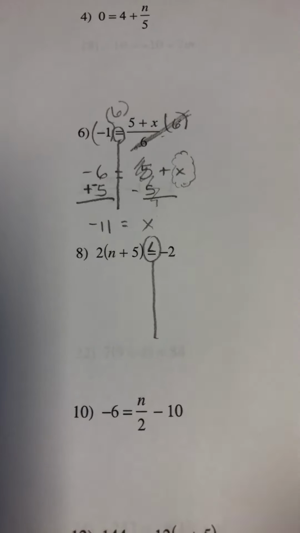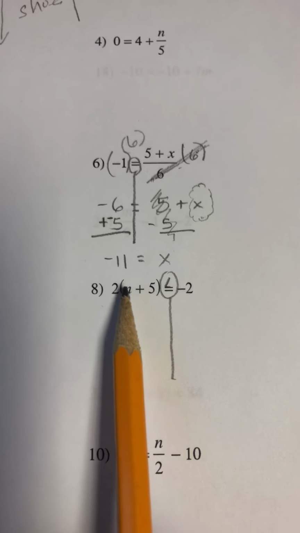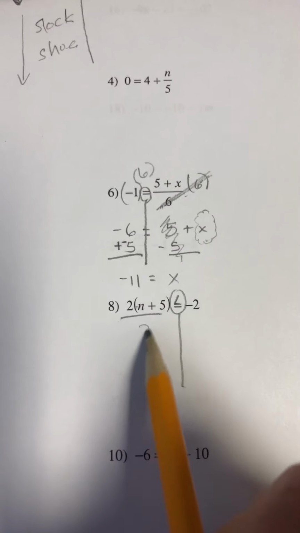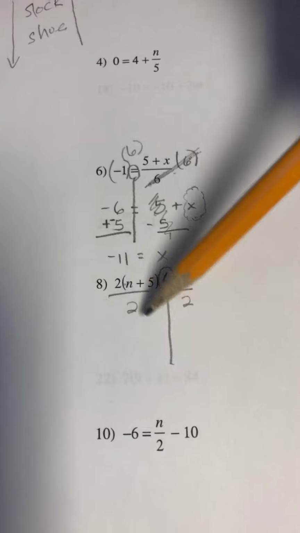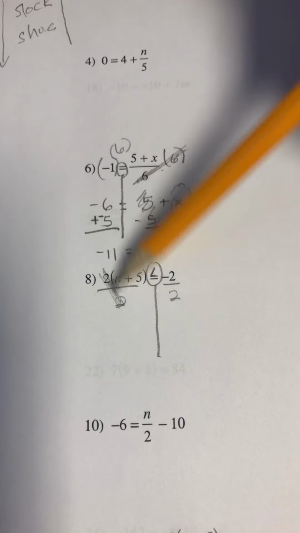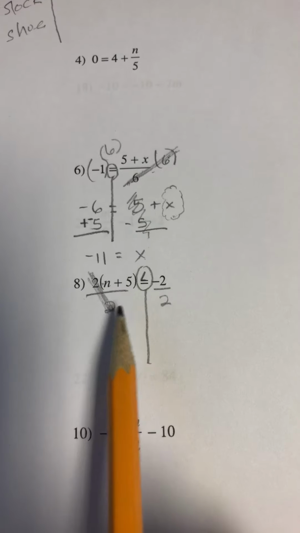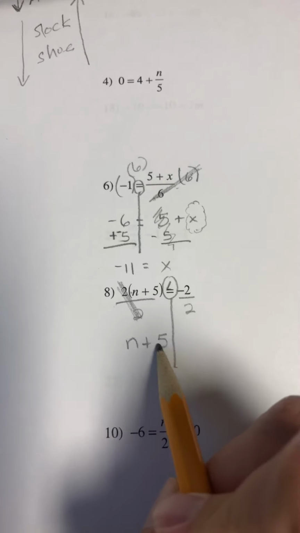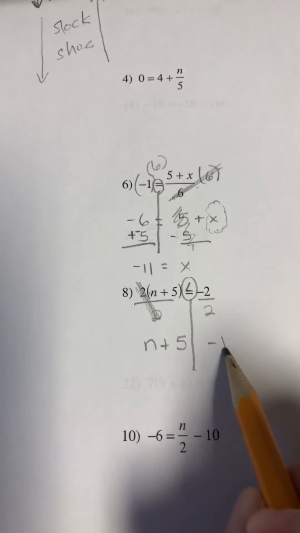Instead of actually doing the distributive property, I could get rid of multiplying by 2 and just go ahead and divide both sides by 2. That way my dividing by 2 and my multiplying by 2 cancel, and I don't have anything to distribute. When these cancel, all I'm left with is an n plus 5. And on this side, -2 divided by 2 is a -1.